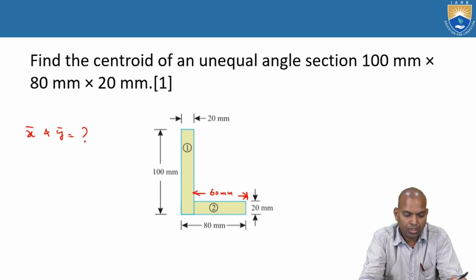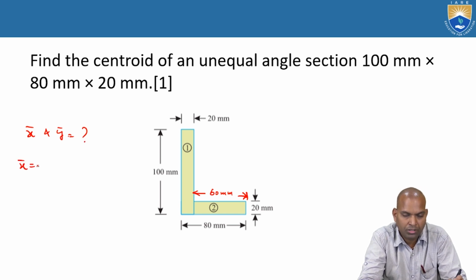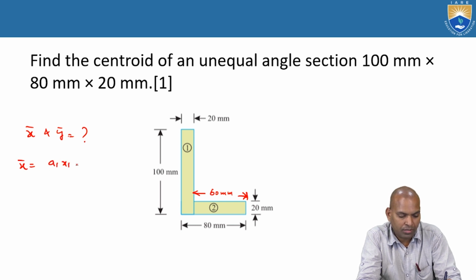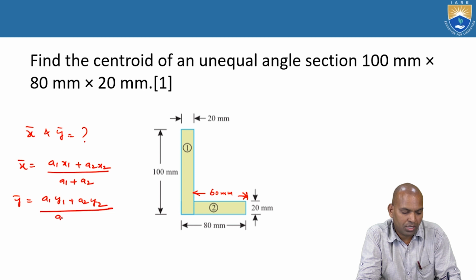So how to calculate X bar? We are going to use the expression X bar equals A1 X1 plus A2 X2 by the sum of A1 and A2, as there are two sections. And Y bar equals A1 Y1 plus A2 Y2 by the sum of A1 and A2.